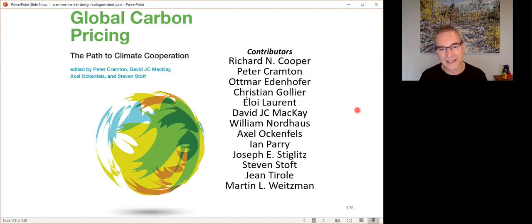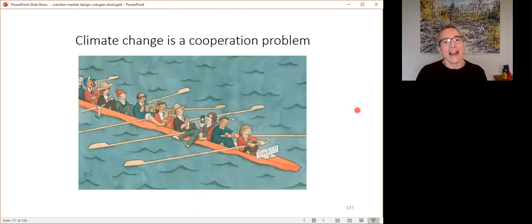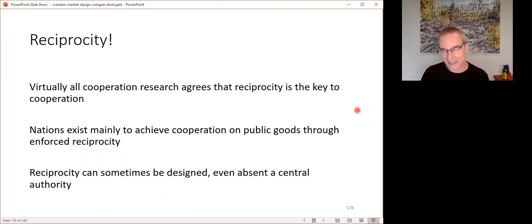There's a full book on this topic on my website, which is freely available, came out at MIT Press. And it's essentially this big cooperation problem. And so the question is, can we do something about it at an international level? And the answer is yes. And carbon price is the right instrument to do it.